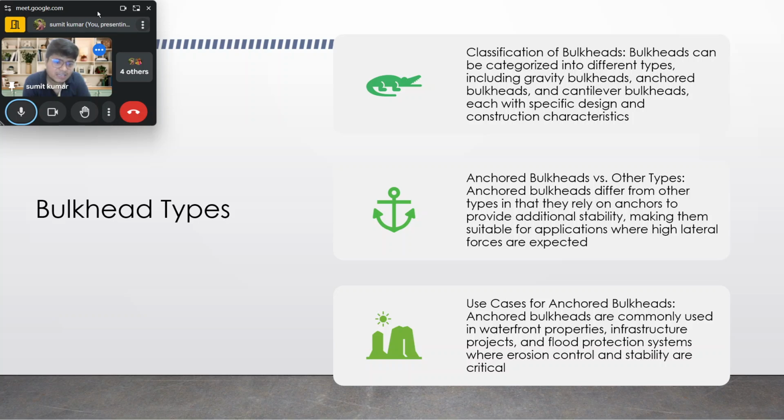Anchored bulkheads differ from the other types in that they rely on anchors to provide additional stability, making them suitable for applications where high lateral forces are expected. Anchor bulkheads are commonly used in waterfront property, infrastructure projects, and flood protection systems, where erosion control and stability are the main concerns. Basically, it is used in river banks or sea shores for the protection of the banks.